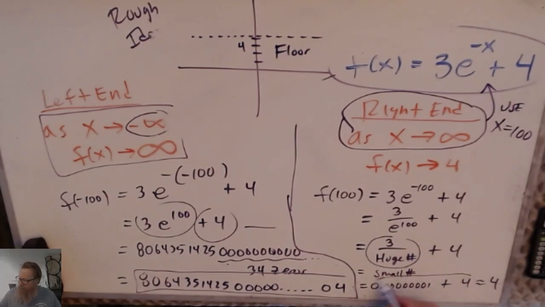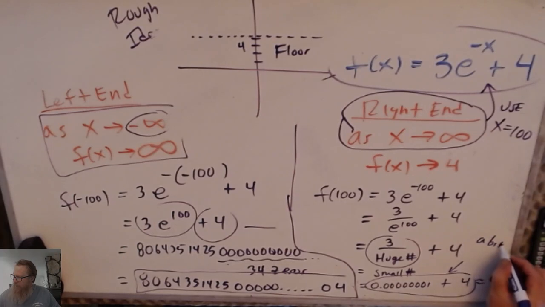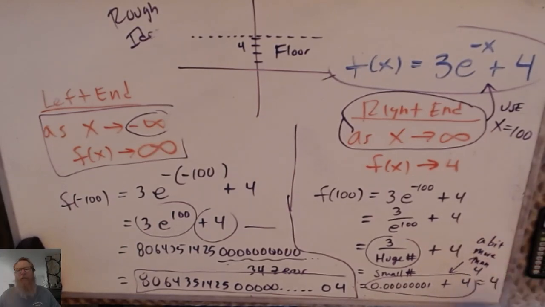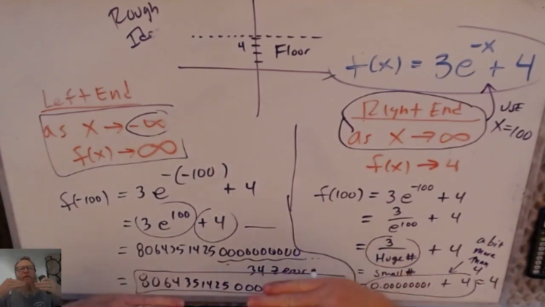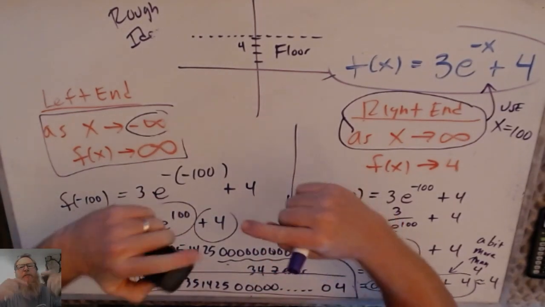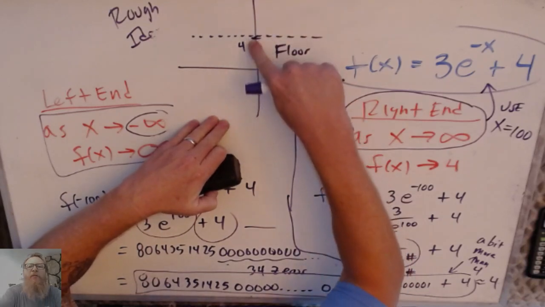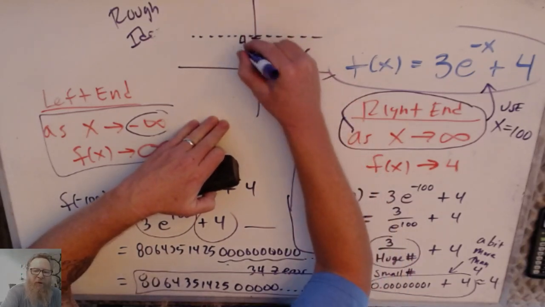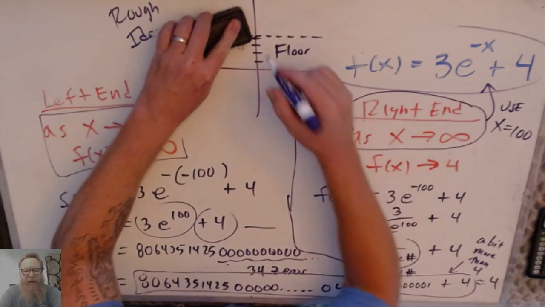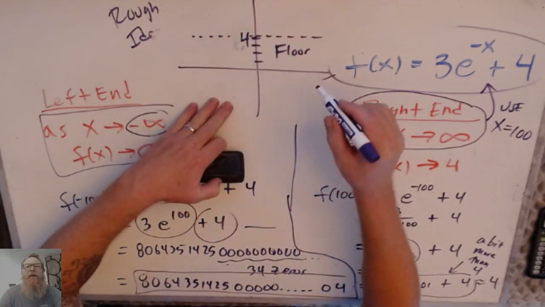Because it's a little bit more than 4. It's 4.000000, so it's a tiny bit more than 4. So there's your floor. It's right there, 4.